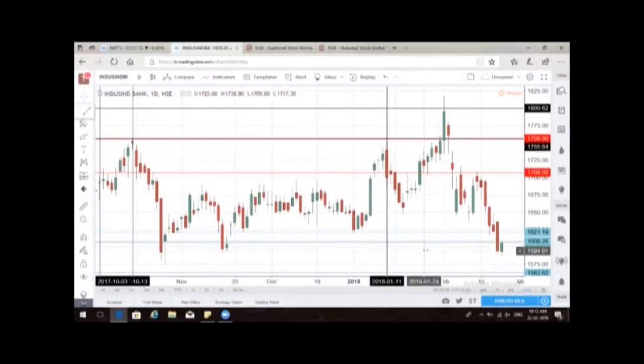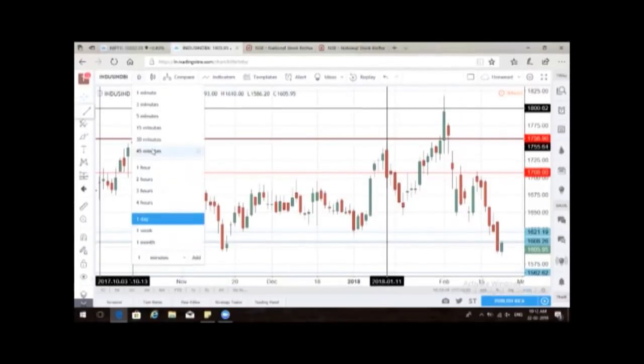So if you see over here, 1590 was the support zone, and today we are seeing a quick bounce up, an up rally, in IndusInd Bank, right? A quick uptick after a huge fall, continuous falling which has taken place in IndusInd Bank, and clearly after the expiry, some respite will come if open interest goes down.